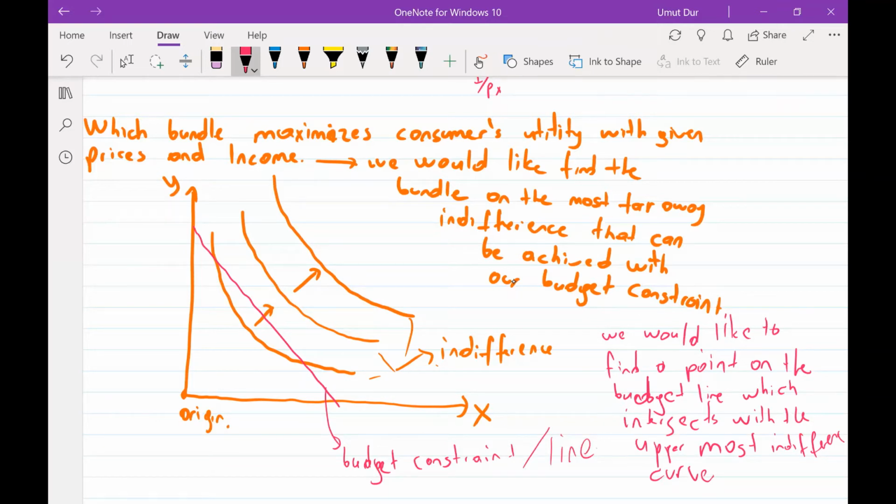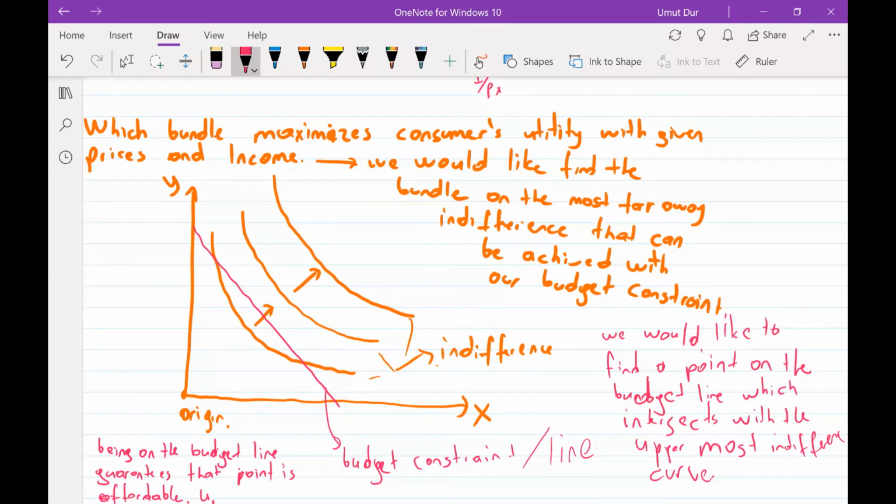So why? Being on the budget line guarantees that the point can be afforded. That point is affordable.